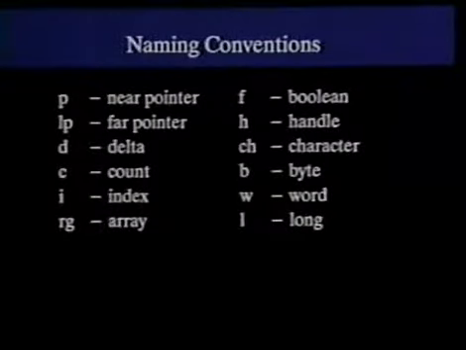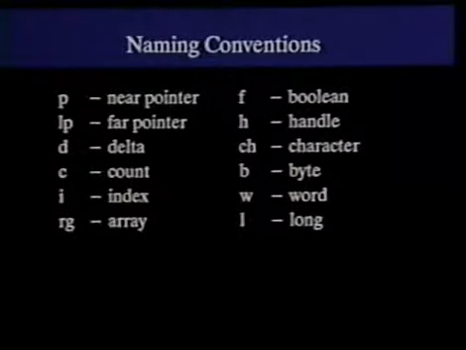For variables and type definitions, we have a few standard conventions. We have a prefix that is usually in lowercase, to indicate the type of the item that we're looking at. So for example, if you see LP as a prefix on a variable name, that means that it is a long pointer or far pointer. B's are bytes, F's are booleans or flags.